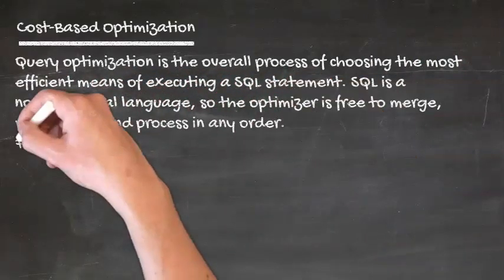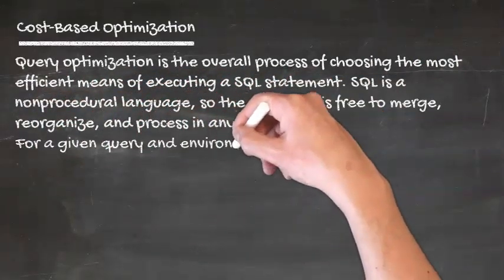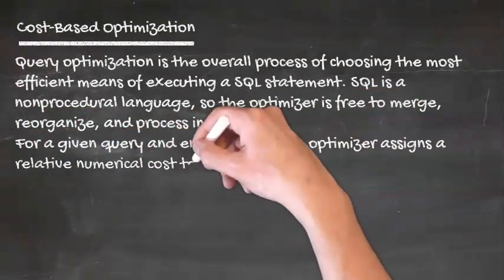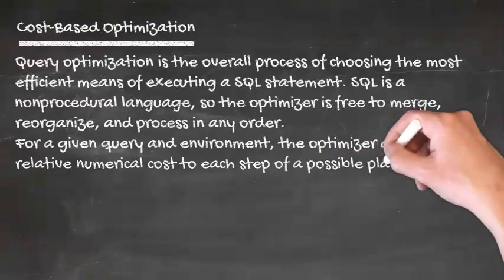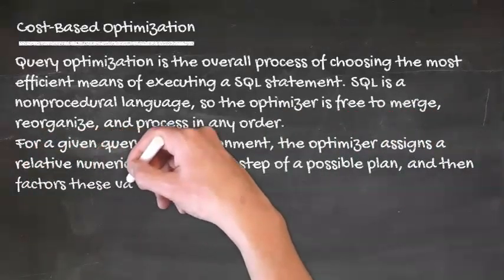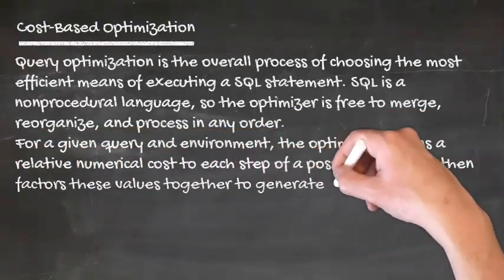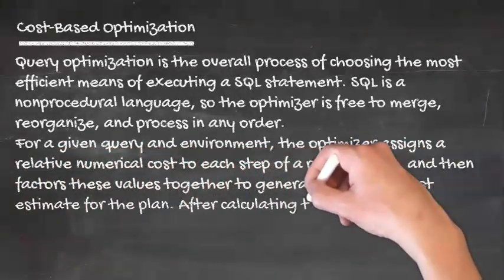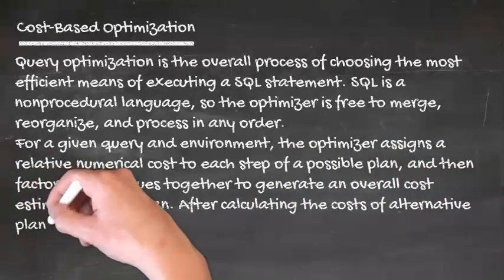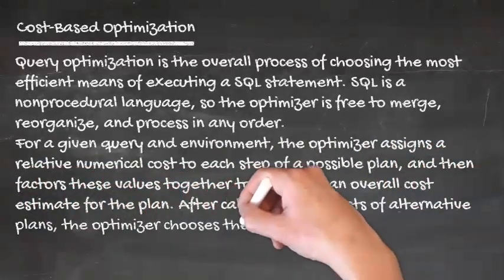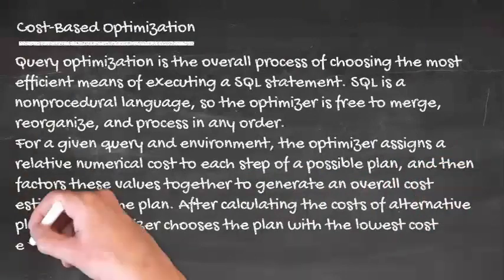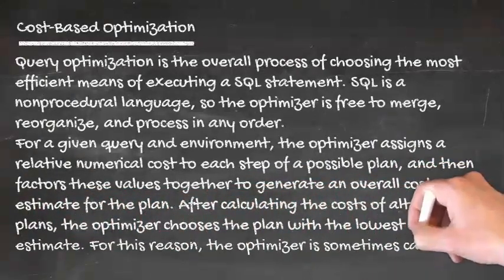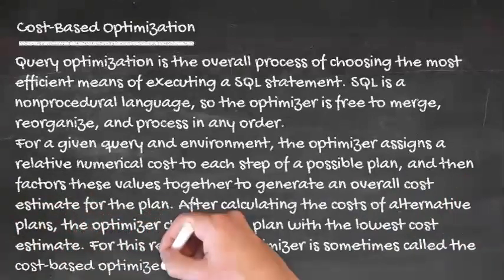For a given query and environment, the optimizer assigns a relative numerical cost to each step of a possible execution plan, and then factors these values together to generate an overall cost estimate for the entire plan. After calculating the costs of alternative plans, the optimizer chooses the plan with the lowest cost estimate. For this reason, the optimizer is sometimes called the cost-based optimizer.